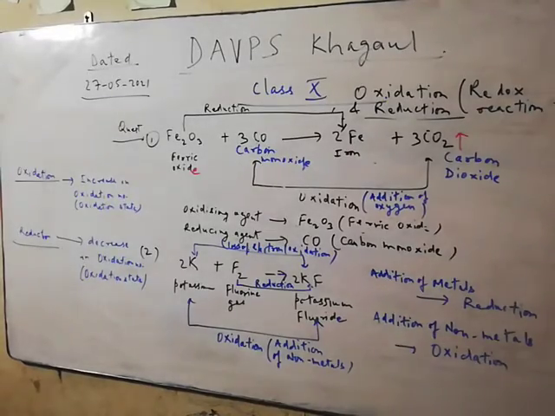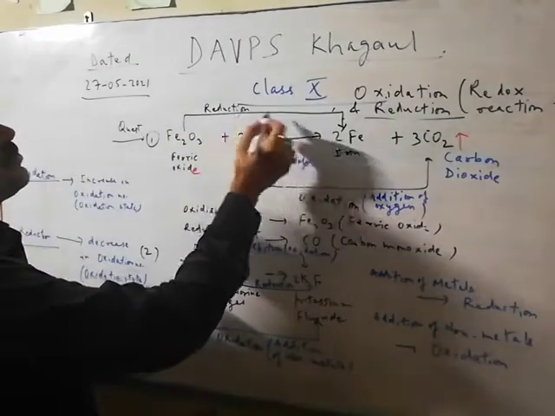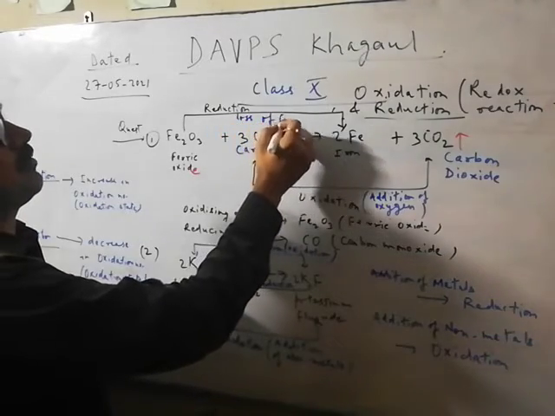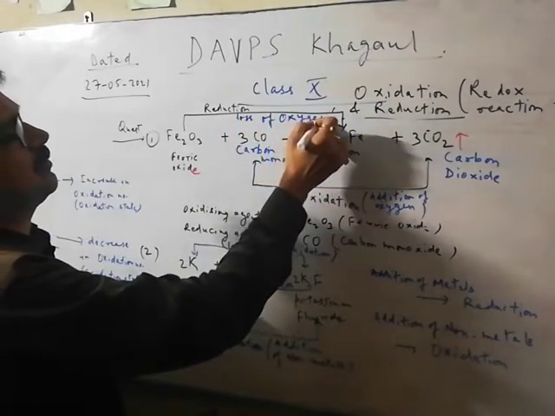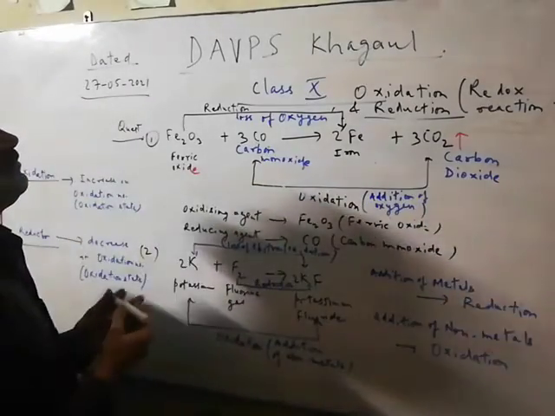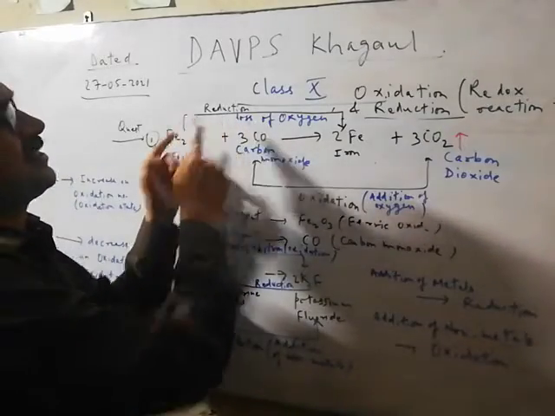So we can say that ferric oxide is being reduced due to loss of oxygen. So again, with oxidation, reduction also is there.